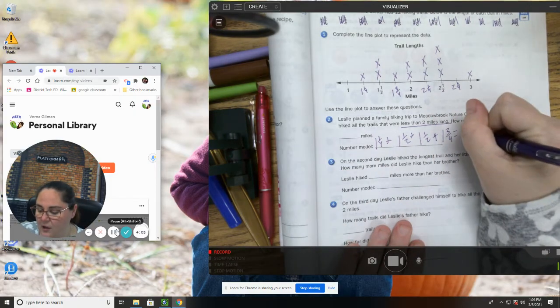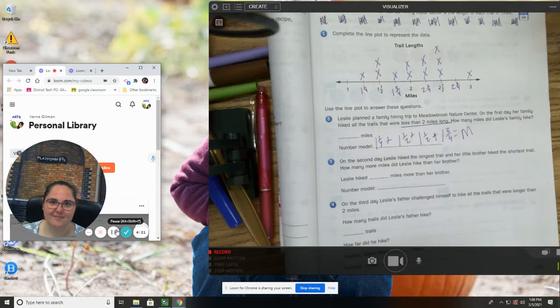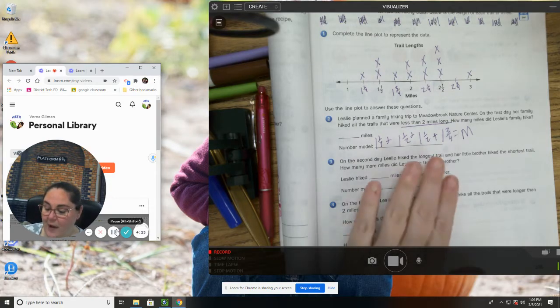Now I need to add all of those up. Do the math, add these together. How many total miles did the family hike? Pause if you need to. All right, I know how I would do this.